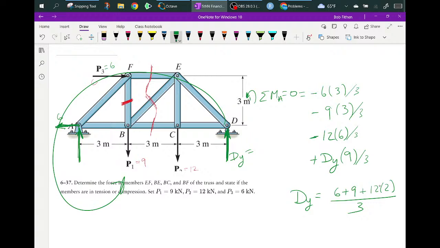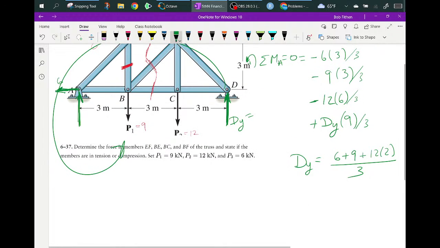I should be able to do that in my head. Should I? I should. But then again, do I want to? Okay, so I get 2 plus 3 plus 4 times 2 is 8. That's 13. I hope that's right. If it's not, let me know. I'm just going to keep going.